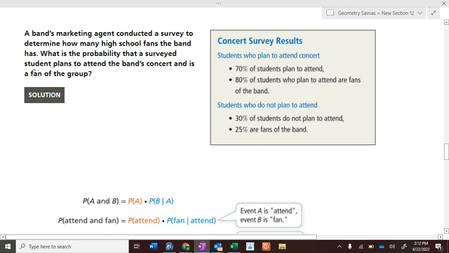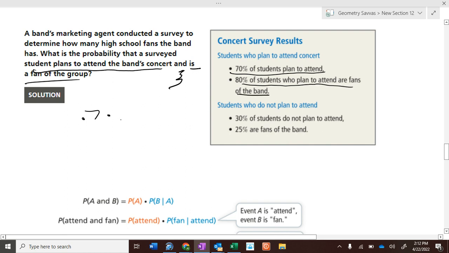Given that a student plans to attend a band concert and, so we multiply, is a fan of the group, okay? 70% of the students plan to attend the concert. So that's 0.7. We have to multiply it by and is a fan of the group, okay? 80% of the students who plan to attend are fans of the band.